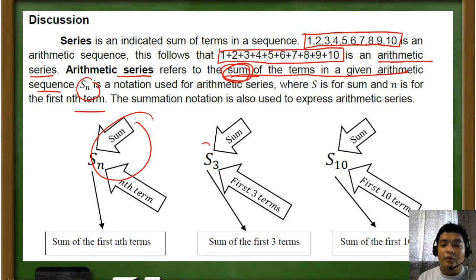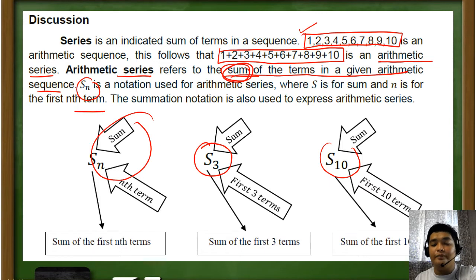We also have S sub 3, meaning the sum of the first 3 terms. We have S sub 10, meaning the sum of the first 10 terms. For example, this is our sequence, so S sub 3 is just 1 plus 2 plus 3, that is 6. That is an arithmetic series.